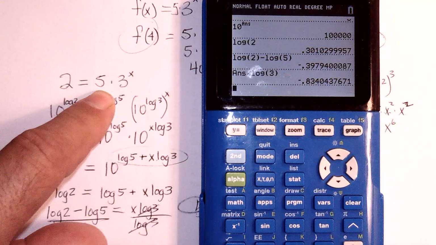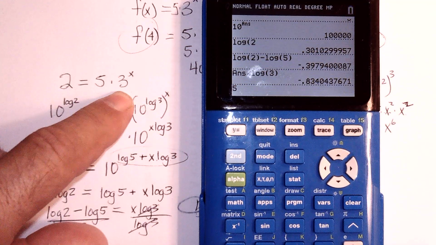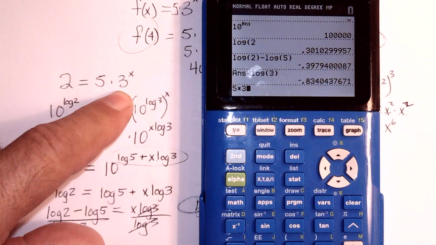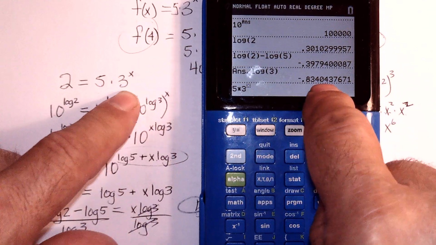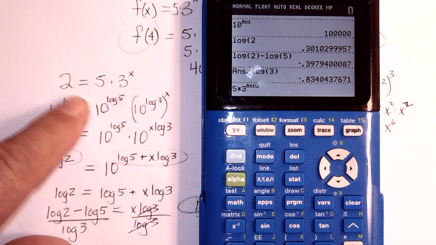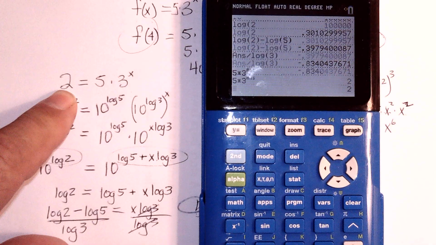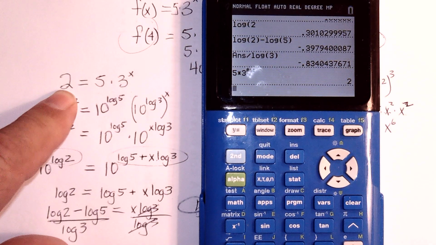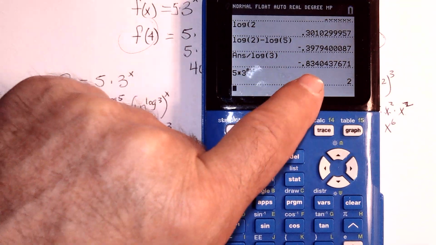Let's check it. 5 times 3 to that power, my answer, should be 2. And it works. So the answer to this equation is that.